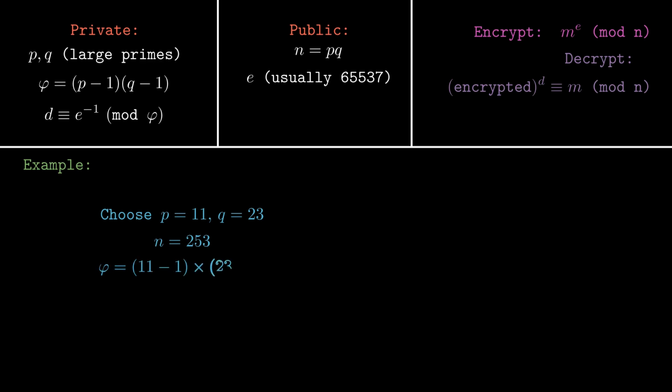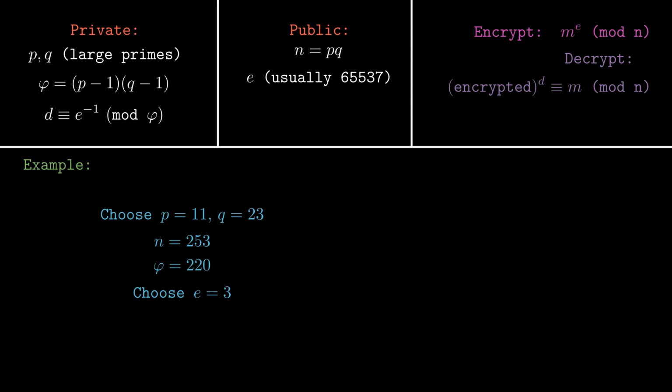Phi is p minus 1 times q minus 1, which is 220. We'll choose e now, say e equals 3. Remember, e has to be coprime to phi in order for e to have a modular inverse mod phi, and indeed 3 is coprime to 220.